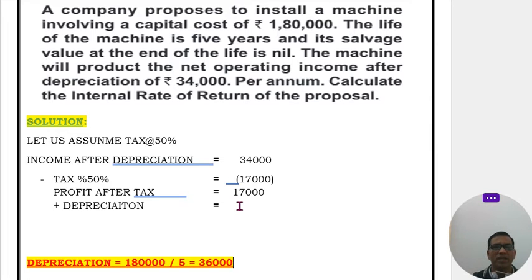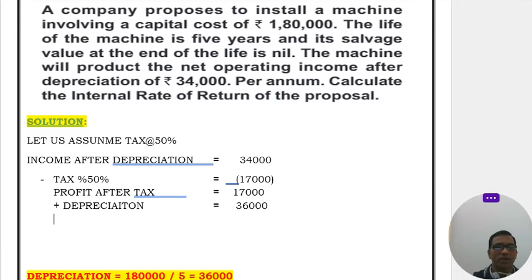So we have to add back here depreciation 36,000, and then what will you get if you add back? Cash flow after tax, CFAT, is equal to 17 plus 36, that is 53,000. We got the value, CFAT value.